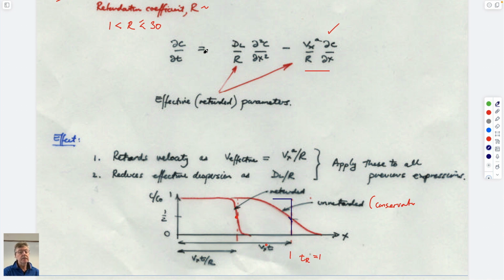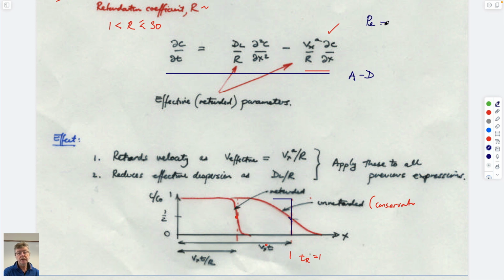The other thing it suggests is that since all of our calculations we've done so far have been with this advection dispersion equation, we can use exactly the same solutions that we've talked about, but we just have to modify the values of the coefficients by these terms. And we know that the coefficients are 2, right?